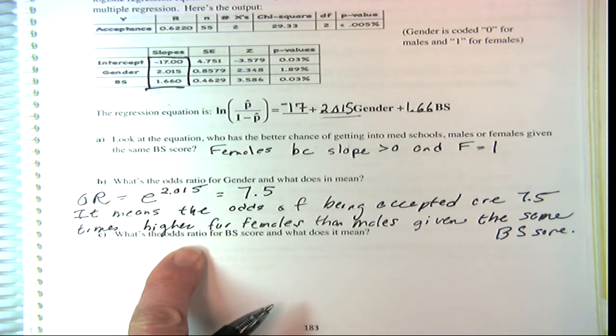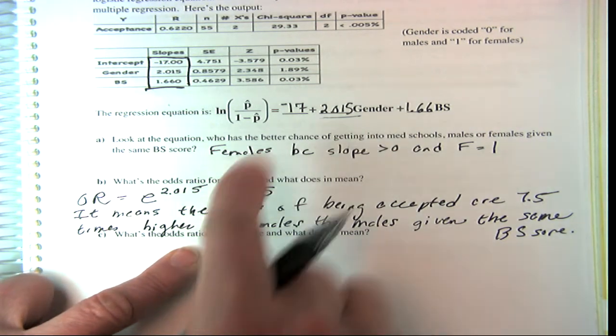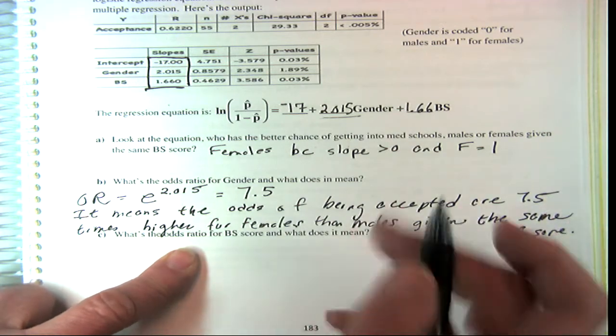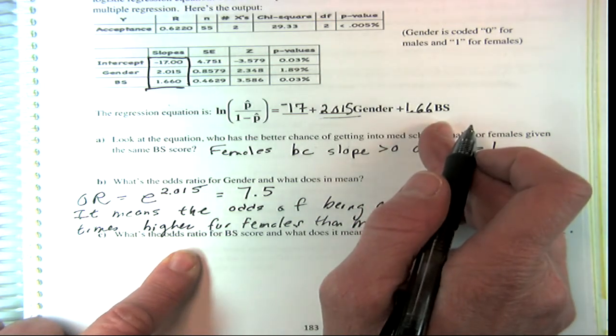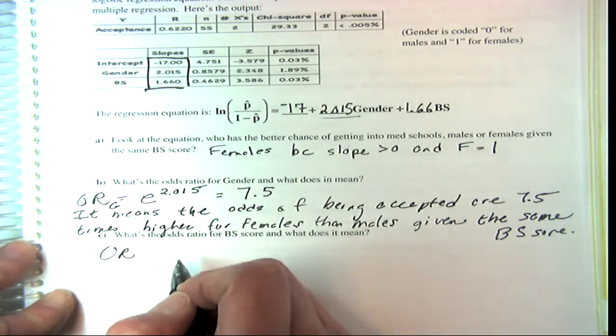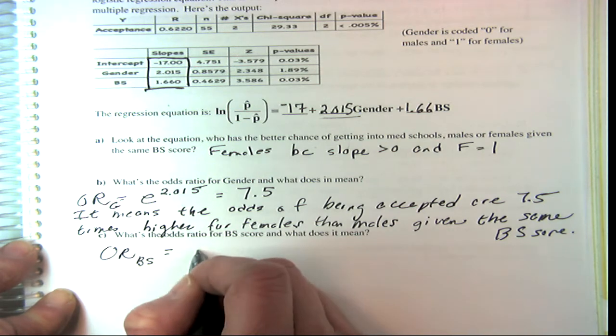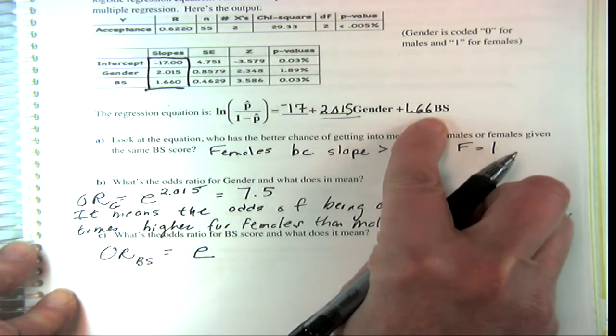And how about for biological science score? That also increased, and that is 1.66. So this is the odds ratio for gender, and the odds ratio for biological science score is going to be e to the slope for biological science score.